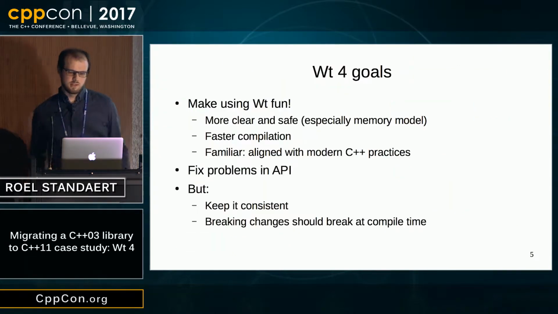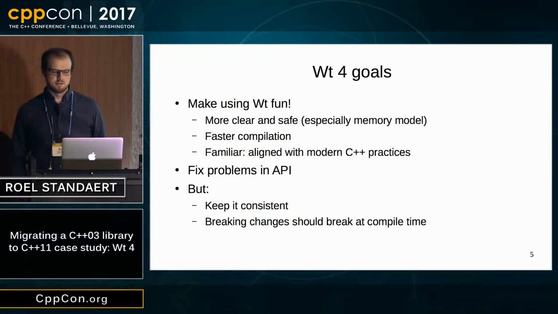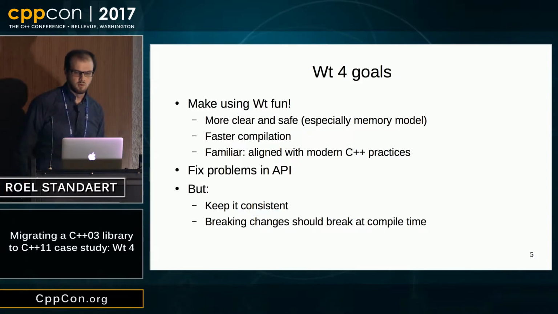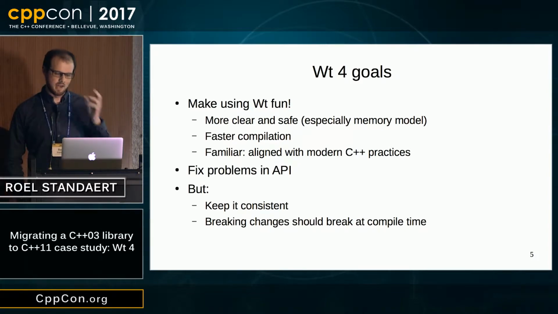So with Witty 4, what we wanted to do was make using Witty a lot more fun. And for us, that meant making it more clear and more safe, especially the way that we handle memory in Witty. And we wanted to improve our compilation speeds because, well, C++ is notoriously slow to compile.